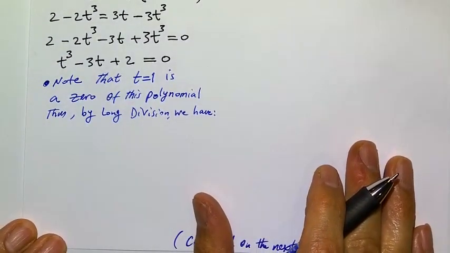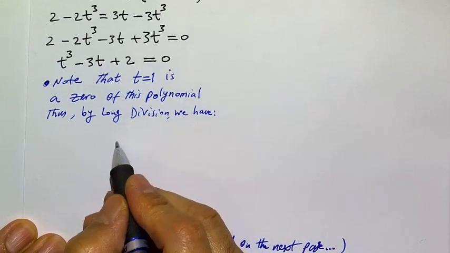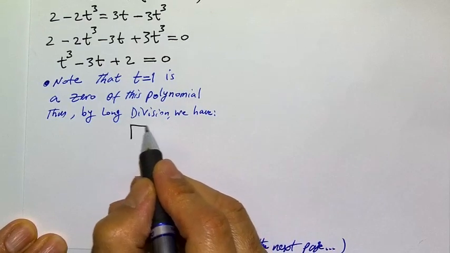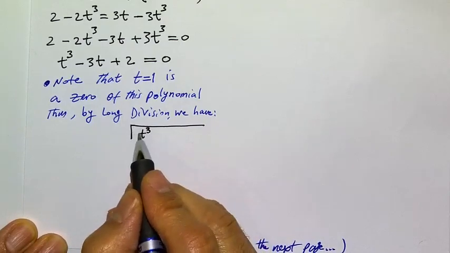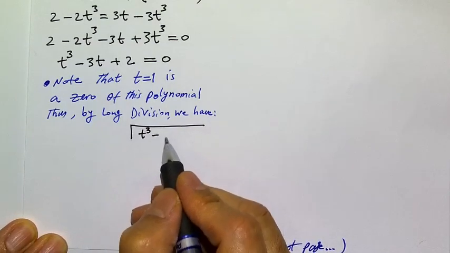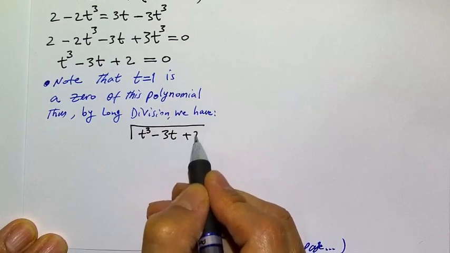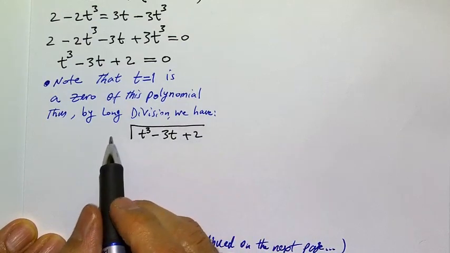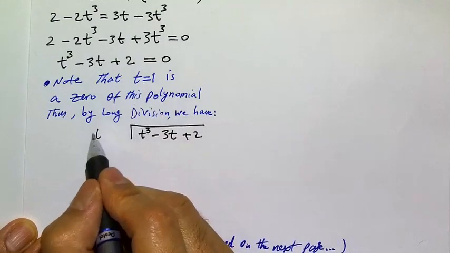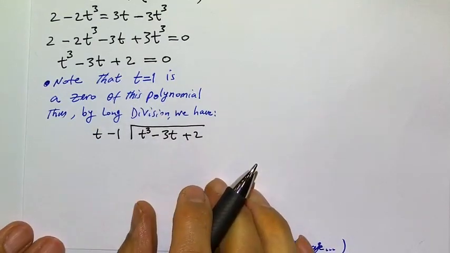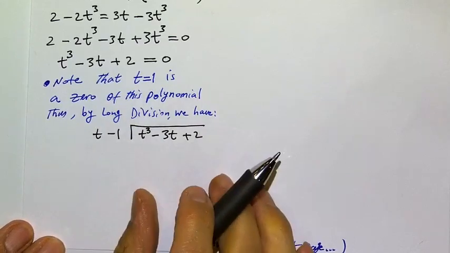So, like that. We have t cubed minus 3t plus 2 divided by t minus 1, right? T minus 1, because t equals 1 means t minus 1.